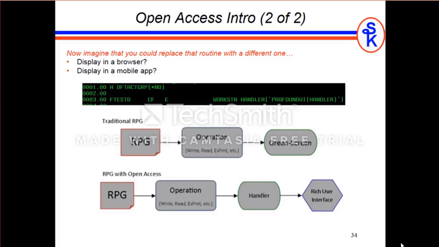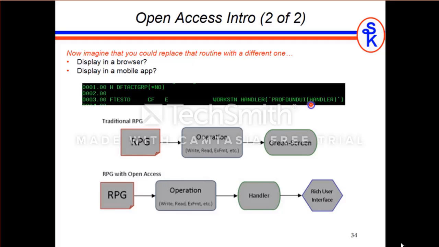So what open access really does is it lets you control that routine. Instead of calling the routine that's built into the operating system, you can call any routine that you want, and that routine is called a handler. So when you code your file spec, it can be declare F in free format, or a traditional F spec, and you have this new keyword HANDLER, and you can tell it this is the routine I want you to call whenever a file operation occurs.